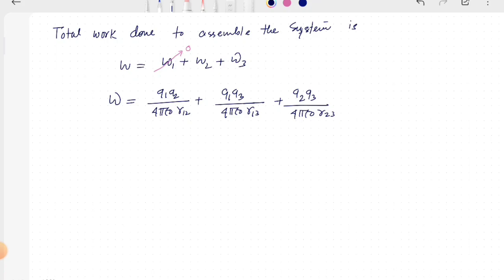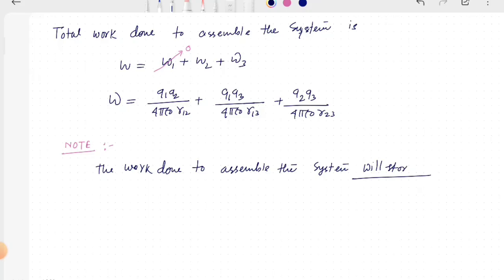Here take a very important point, take a note: the work done to assemble the system will be stored as the potential energy of the system.